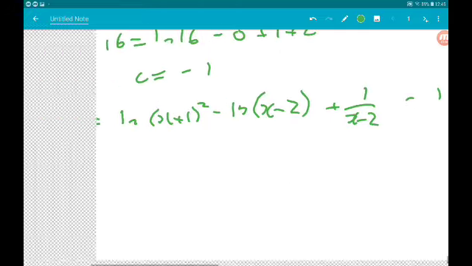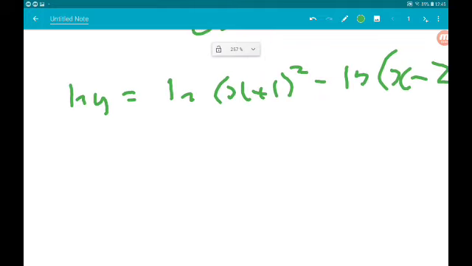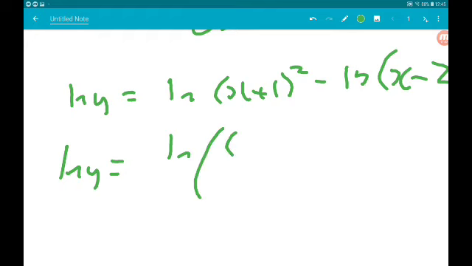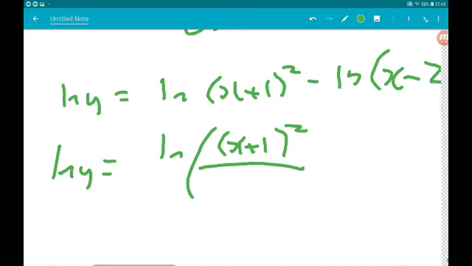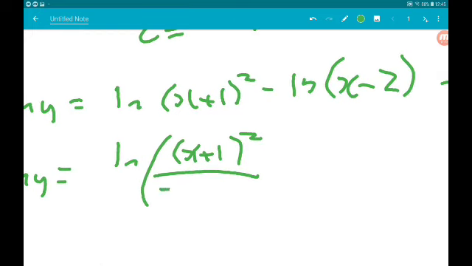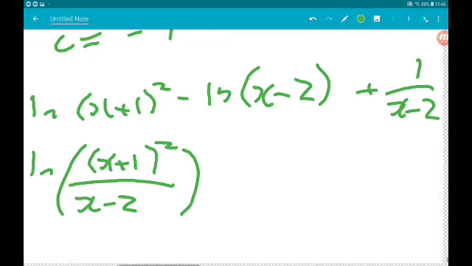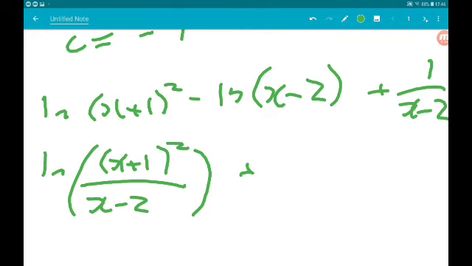Okay, now we can combine those two logs, so we get log y is log of (x plus 1) squared over (x minus 2), plus 1 over x minus 2, minus 1.